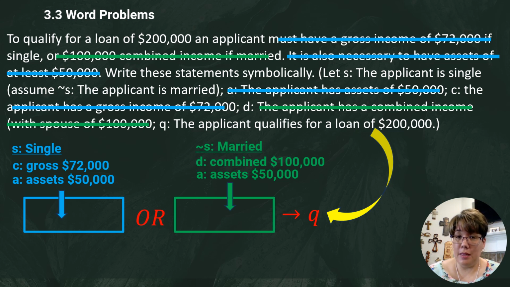I hope that this helps you work through these word problems in this section. That's how I would work through all of them. If you have any questions, reach out to me. Thanks so much.